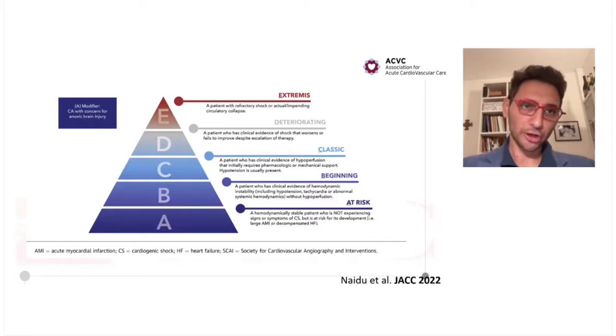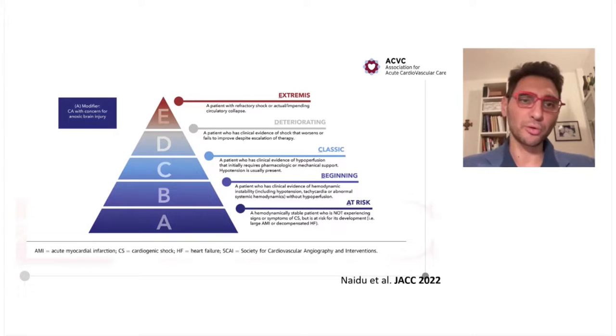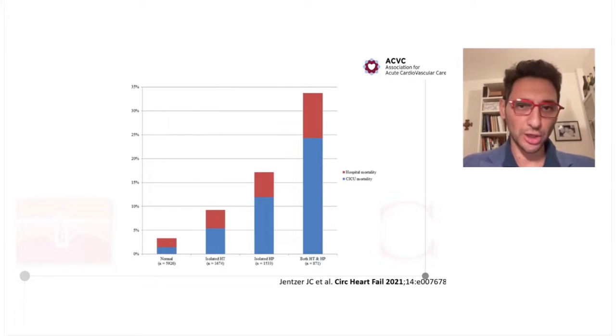Severe cardiac arrest, so cardiac arrest with concern of an anoxic brain injury in this last version, can at all times change our prognosis rapidly because of course it brings our cardiac output to 0.